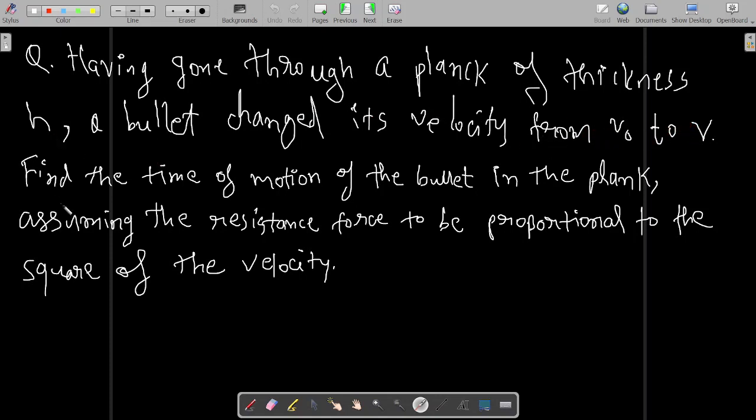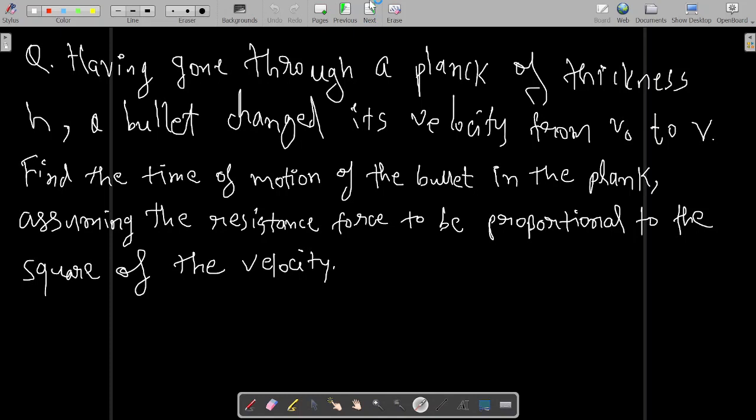Find the time of motion of the bullet in the plank, assuming that the resistive force. Over here it should be resistive, not resistance. It should be resistive force over here. Just make a correction, write resistive force. So assuming the resistive force to be proportional to the square of the velocity.